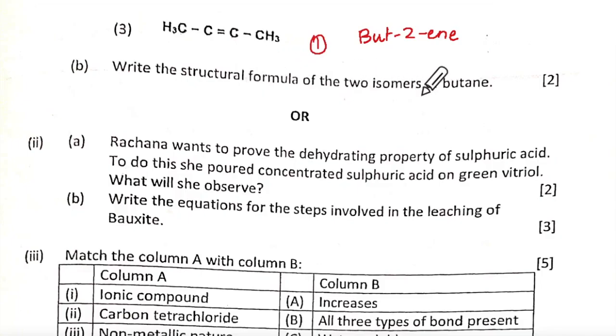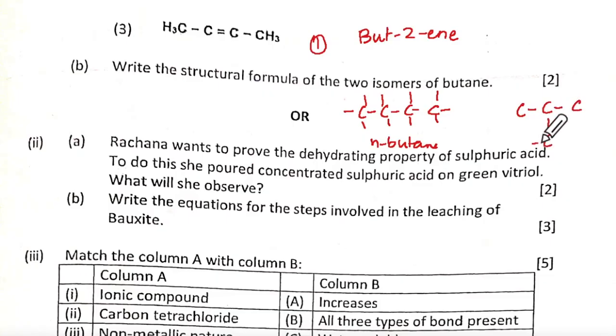Structural formula of 2 isomers of butane. 1, 2, 3, 4. You have to write H everywhere. This is your n-butane. I'm not writing all the H's. For the second one, you will have that CH3 coming and attaching itself here. So it will be isobutane.